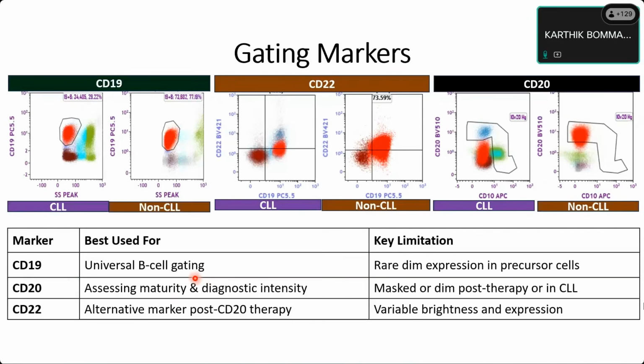It is always expressed across all stages of B cell maturation, and it is rarely dimly expressed. Almost all B cell lymphomas will be CD19 positive, but the expression might vary. CD20 can be negative in certain high-grade B cell lymphomas, and if the patient is started on rituximab, CD20 expression can be negative to dim. So CD20 might not be a good marker.